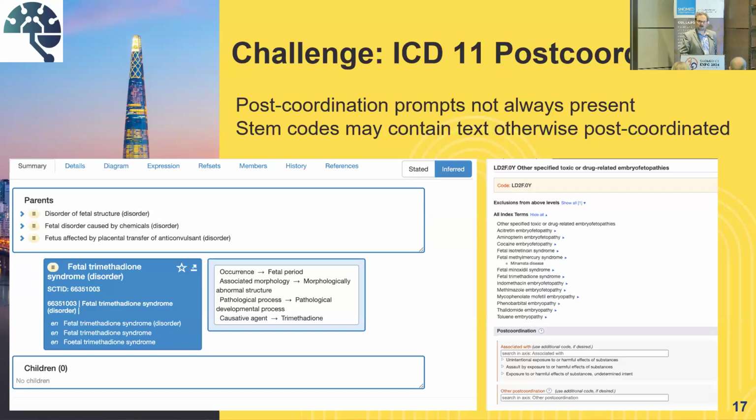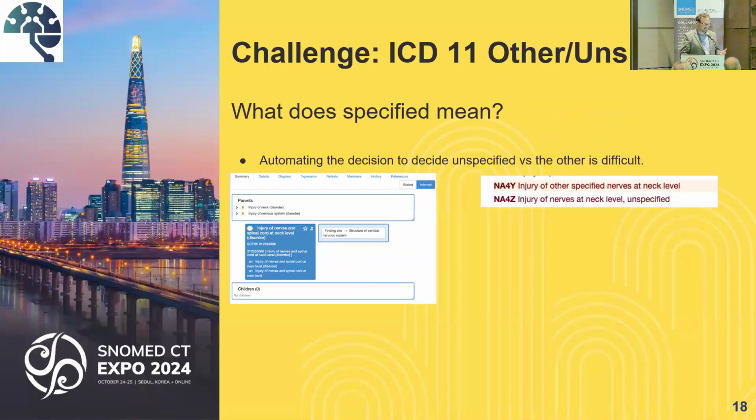So you have to decide where you should do that always versus only when it's explicitly suggested. We don't have a whole lot of insight into why it's in certain areas and not others. So we picked a rule about how to do this and had some overrides, cases where we would always post-coordinate. And then, of course, other and unspecified is still complicated.